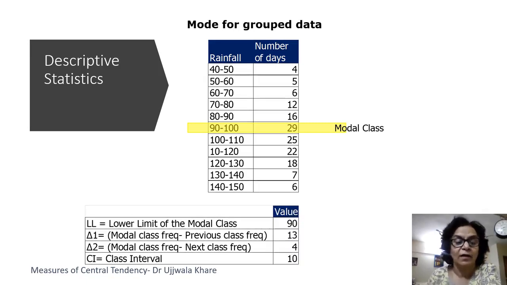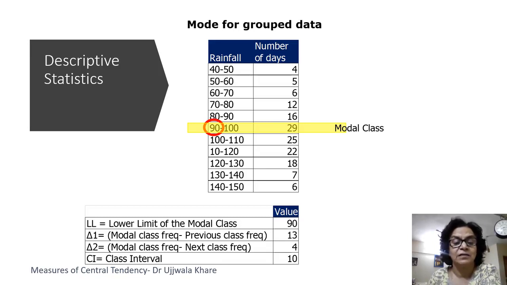So again we have to understand these terms. LL is lower limit of modal class, that is 90. Then we use the term delta 1 for modal class frequency minus previous class frequency. So we have to look at the frequency of the modal class, and the previous class frequency we have to subtract from this. Delta 2 is modal class frequency minus the next class frequency.